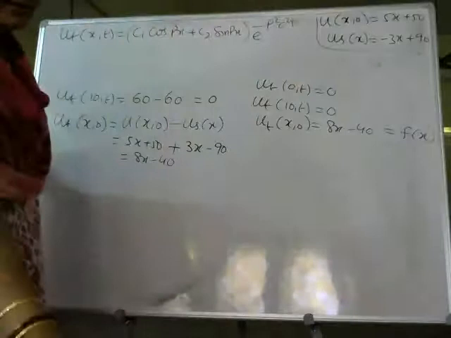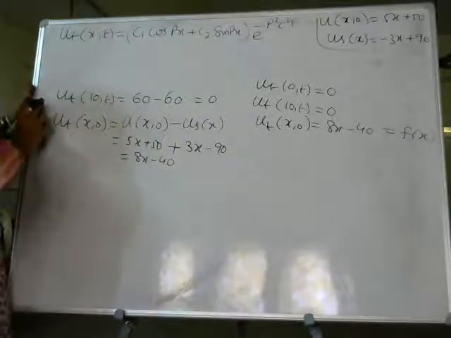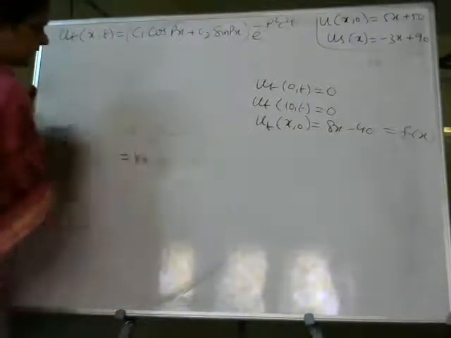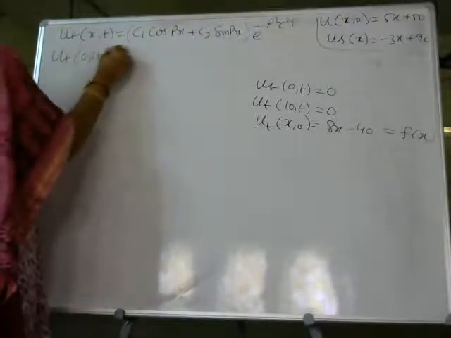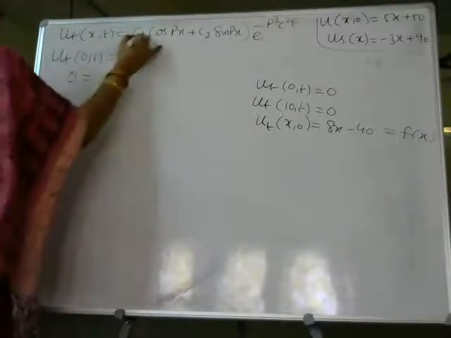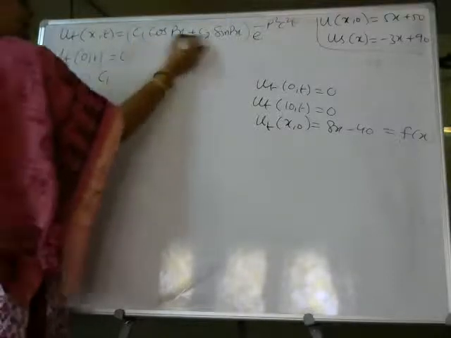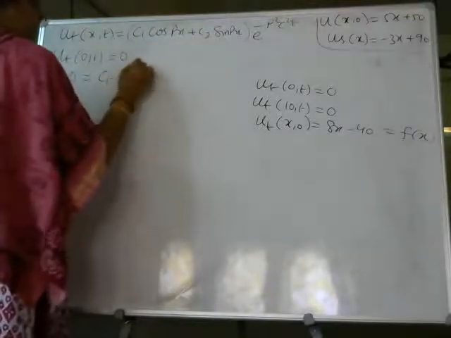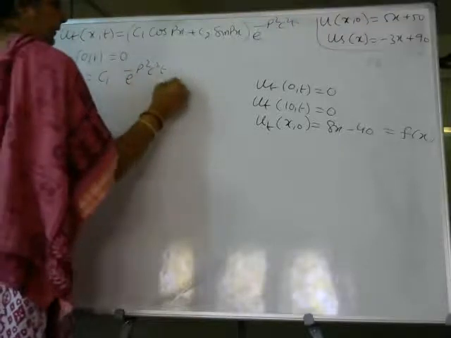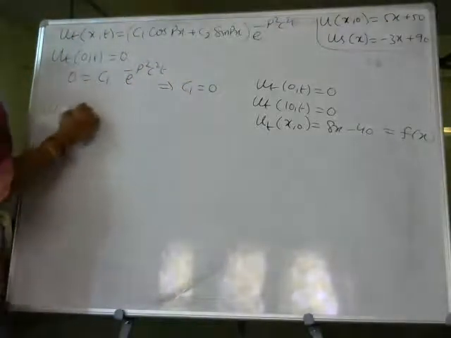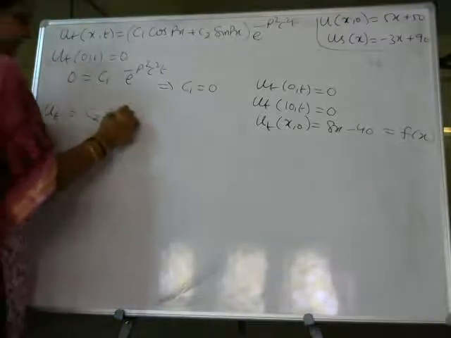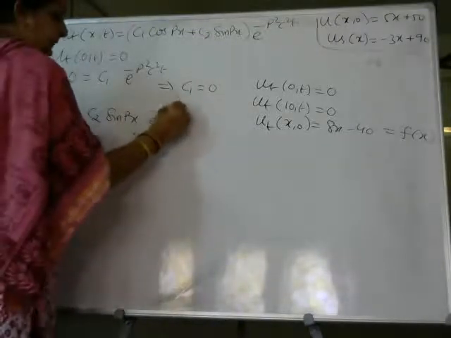So what is the first condition we have? ut at 0 comma t is equal to 0. So 0 is equal to c1 cos 0 is 1, sin 0 is 0, e power minus p square c square. Implies c1 equal to 0. So ut is equal to c2 sin px e power minus p square c square t.